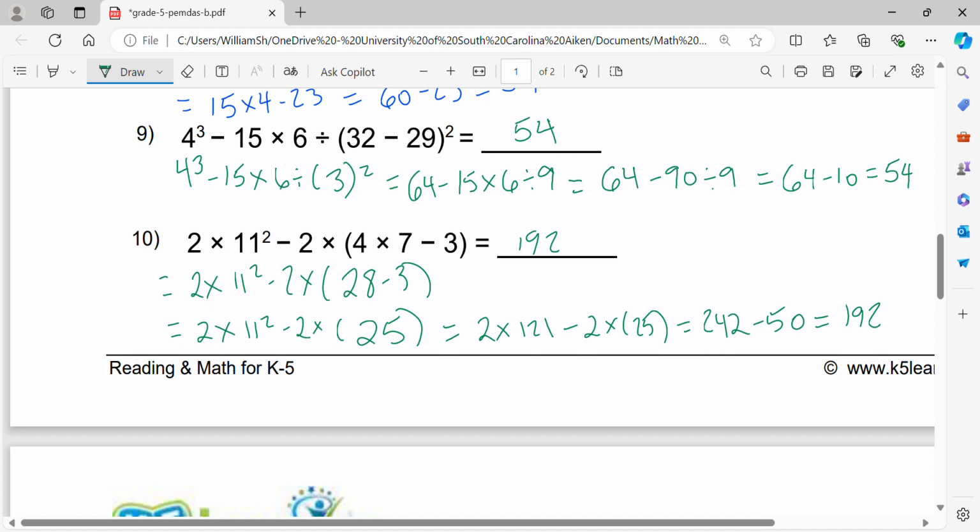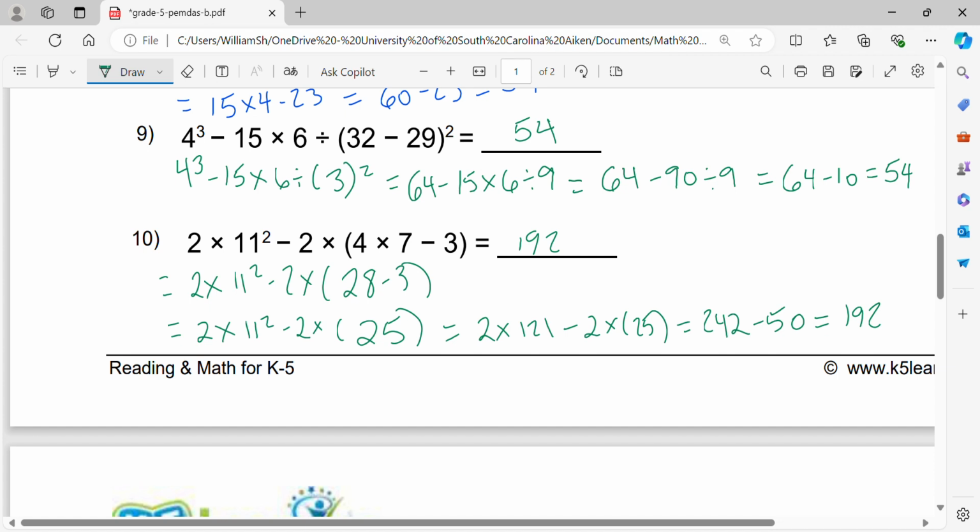I know my multiplication facts, and because I'm comfortable with my multiplication facts, I'm also pretty comfortable with my addition and subtraction facts, and my squareds and cubes aren't that hard because I can simply multiply those numbers 1, 2, 3 times and be okay. That's why you really need to hammer home those at least 1 through 10 multiplication facts. I'm telling you, you don't believe me, but if you don't know your 1 through 10 multiplication facts, a lot of stuff's going to be very difficult for you moving forward.